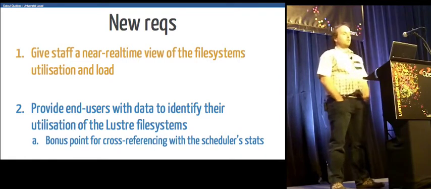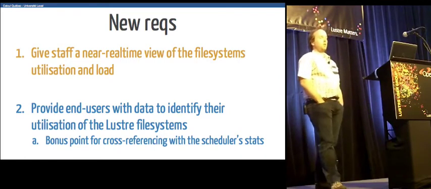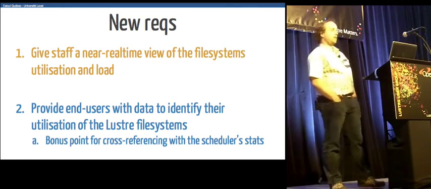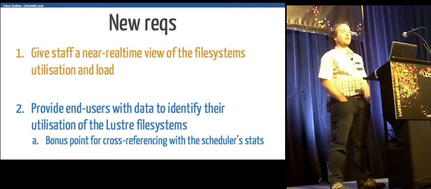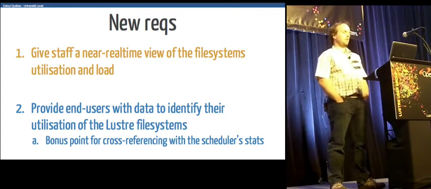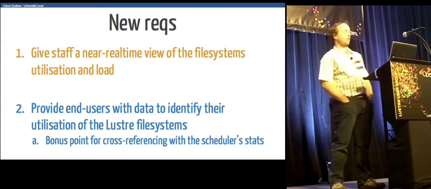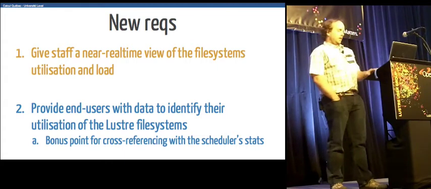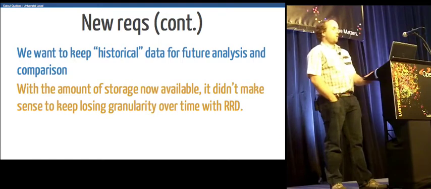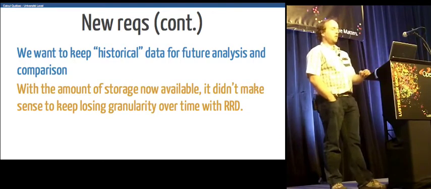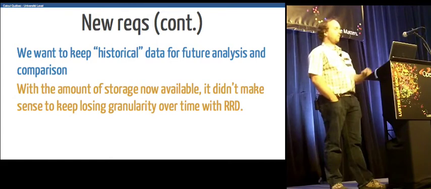And down the road, we would like to be able to provide end users with the data required to qualify and characterize their IO patterns for their jobs, in the perfect world, or so that they can get some help from one of our analysts. And if we were able to cross-reference that information with the scheduler statistics, that would count for bonus points.